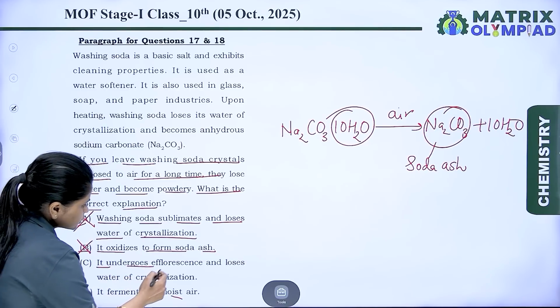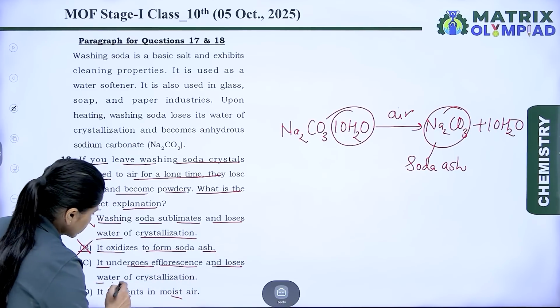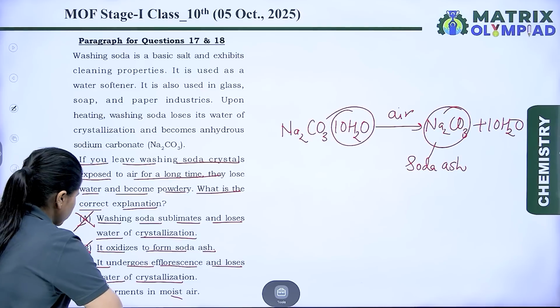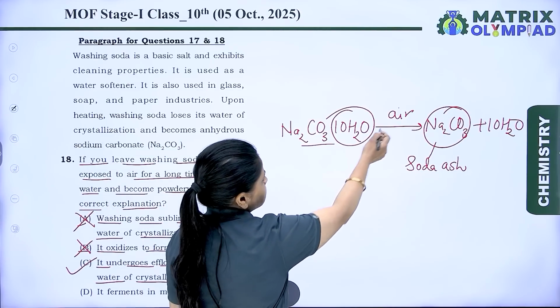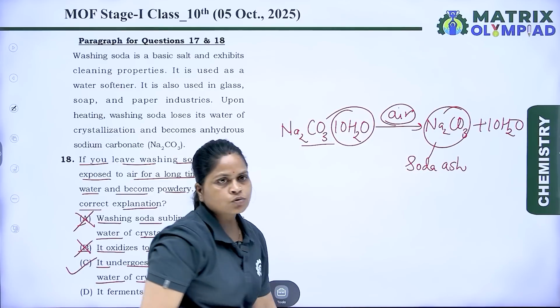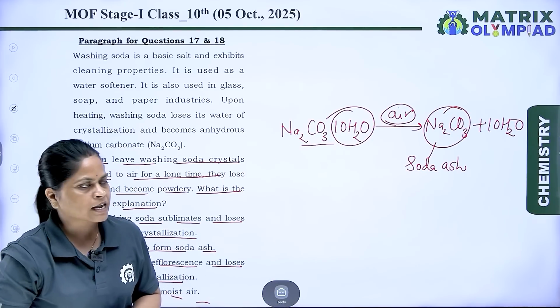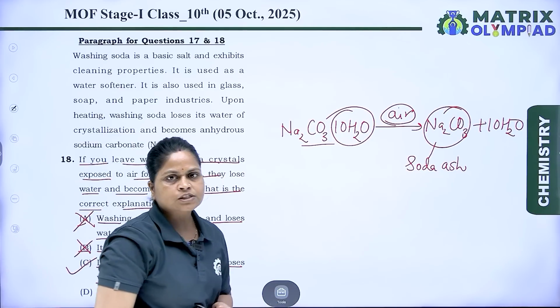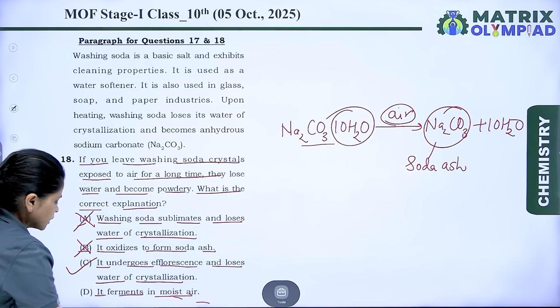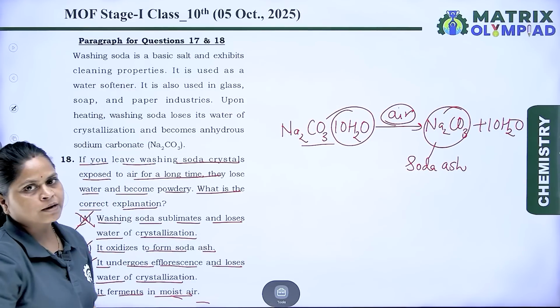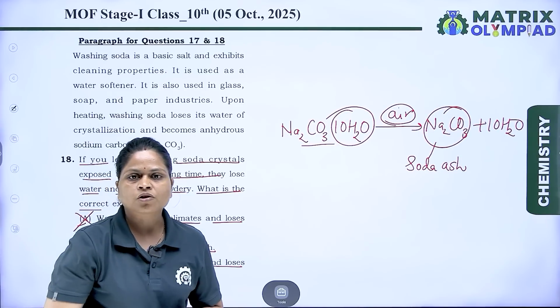C, it undergoes efflorescence and loses water of crystallization. Yes, this is the perfectly correct option, because when washing soda is exposed to air, it loses its water of crystallization, and this process is called efflorescence. D, it ferments in moist air. No, it does not ferment, so option D is also wrong.